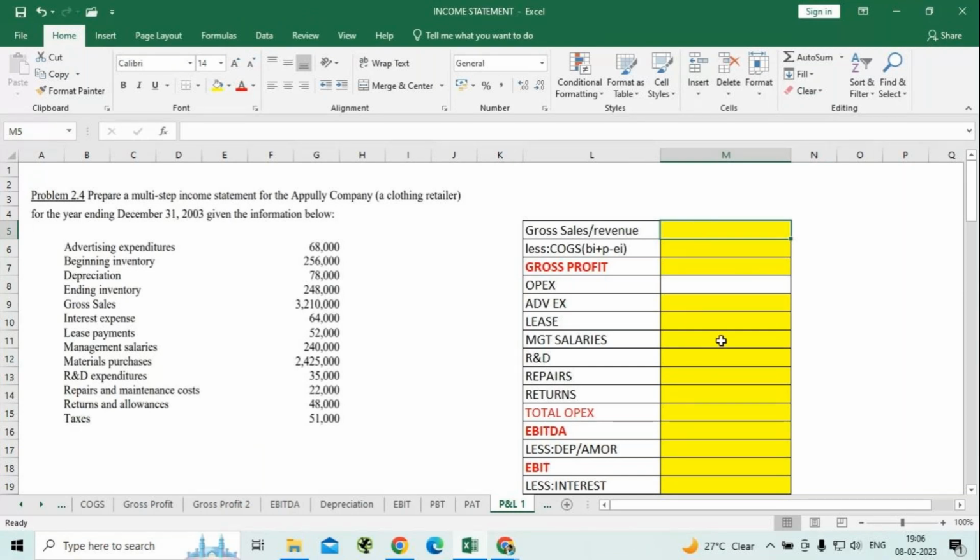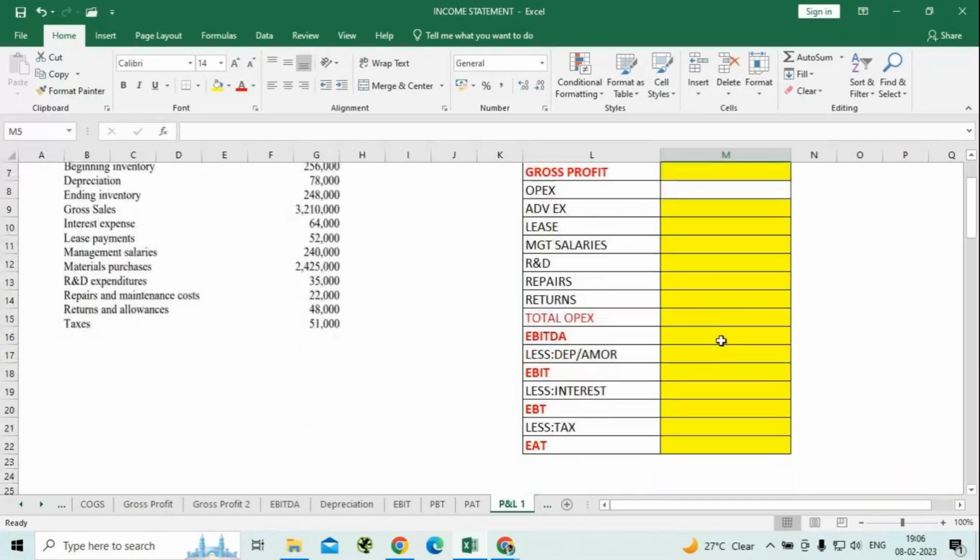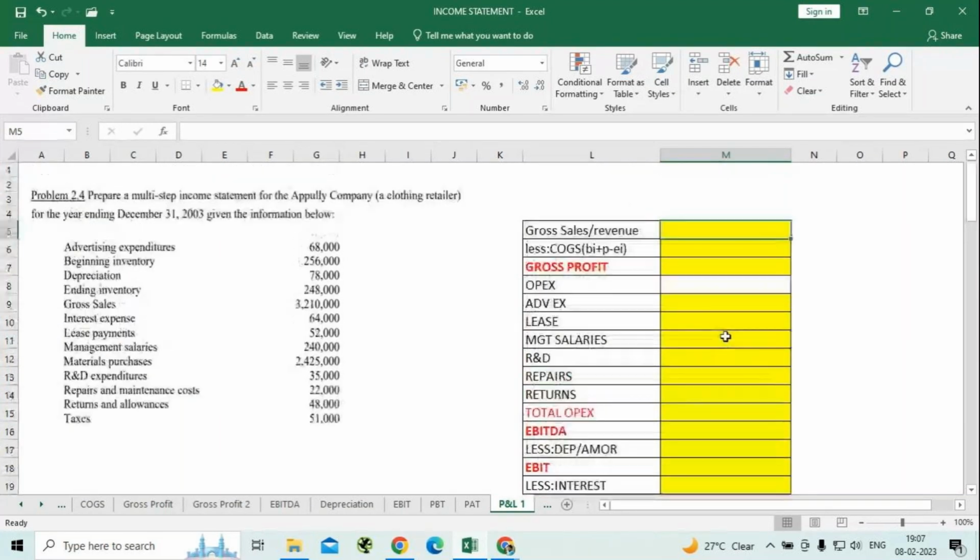The simple thing is you are supposed to give me the values applicable here. Can anyone look at the values in the table and put them here so that we can find out the net income?